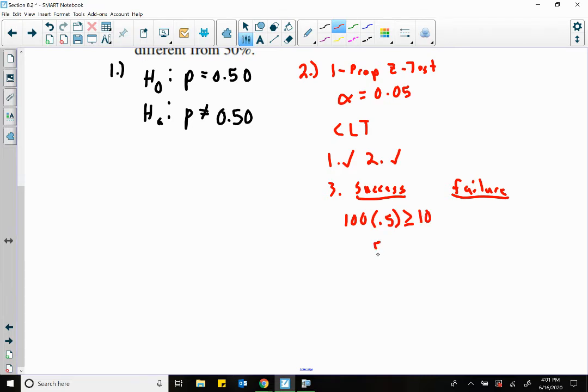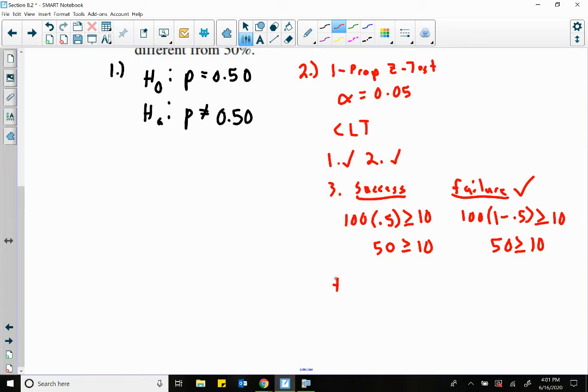And absolutely, because that's 50, greater than or equal to 10. And then we're going to do the same thing over here. We're going to take 100 times 1 minus 0.5. Is that greater than or equal to 10? And yes, it is, because that's 50. Okay? So successes is met and failures.